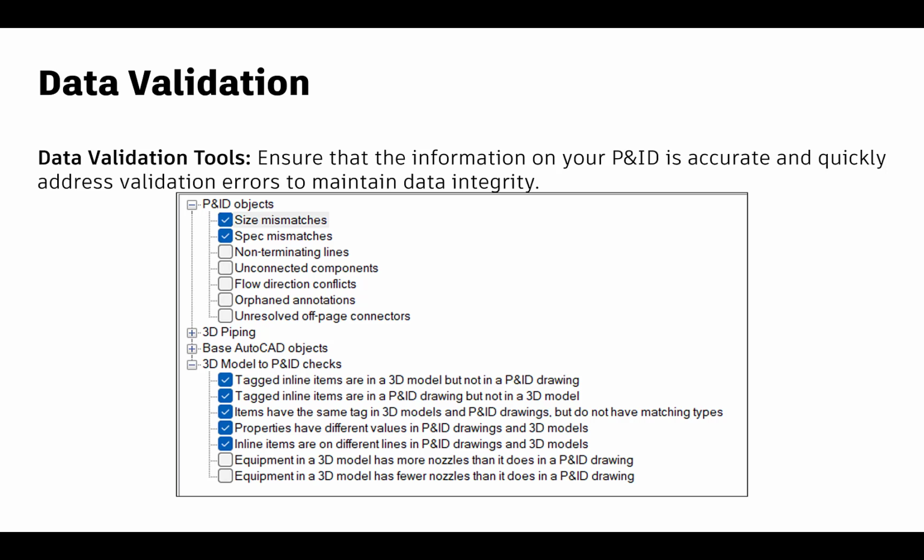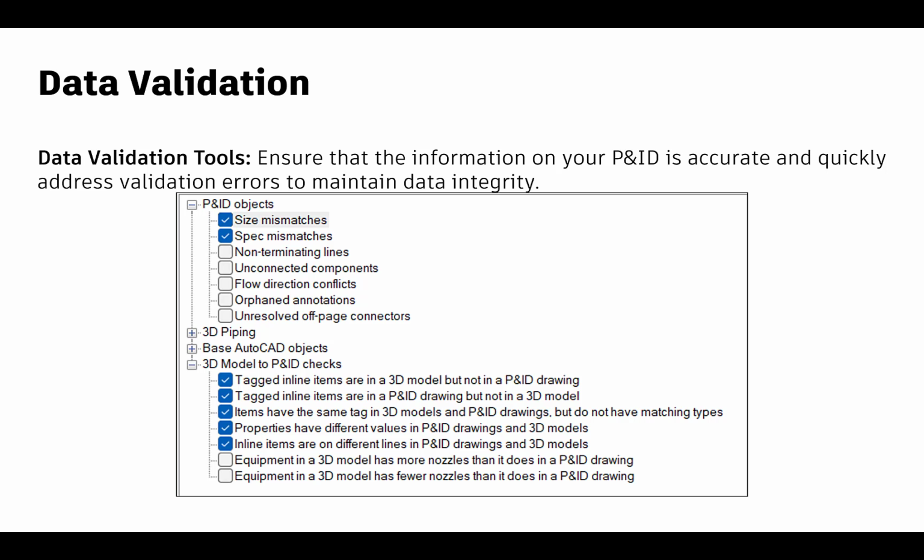Plant 3D objects and their P&ID counterparts in your projects do not share the data, even though they may refer to the same logical objects. The P&ID data and the 3D data are physically separated in the project database.